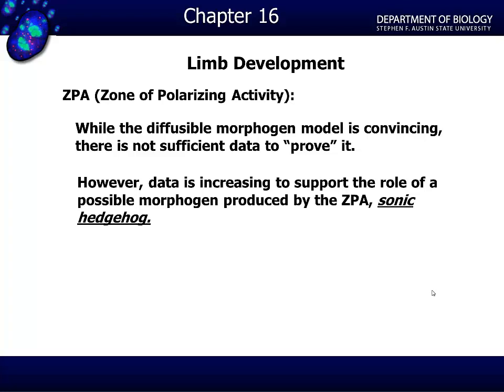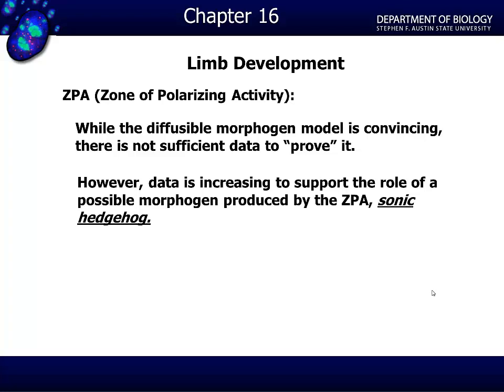So with this model, what we're looking at is a morphogen that can diffuse across distances throughout the ZPA. And in that case, we've got evidence to correlate with a diffusible morphogen. But can we prove what it is? Can we substitute something that's going to mimic what's going on there?